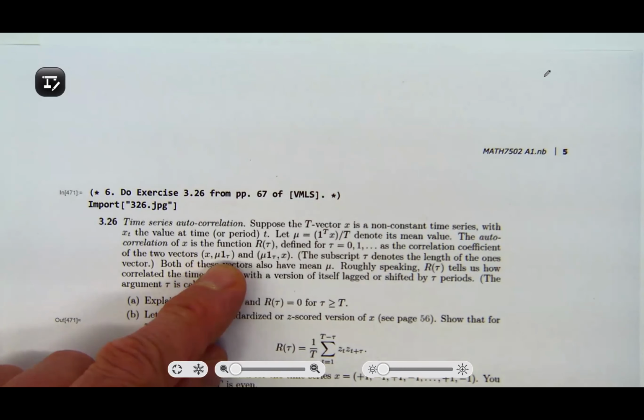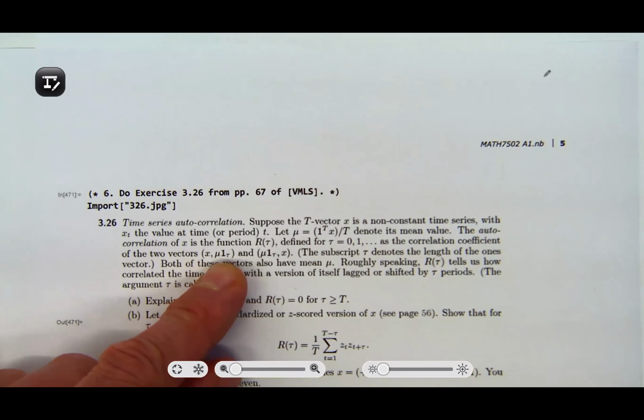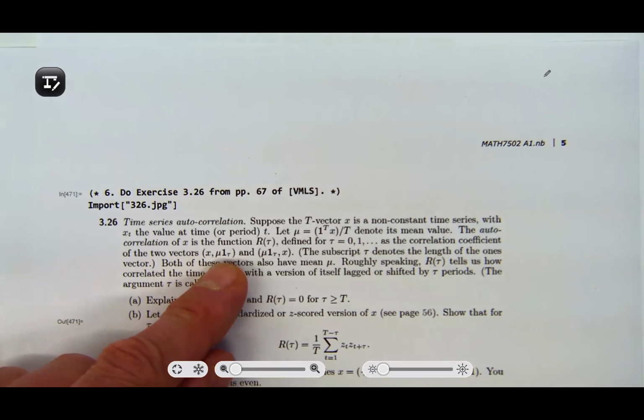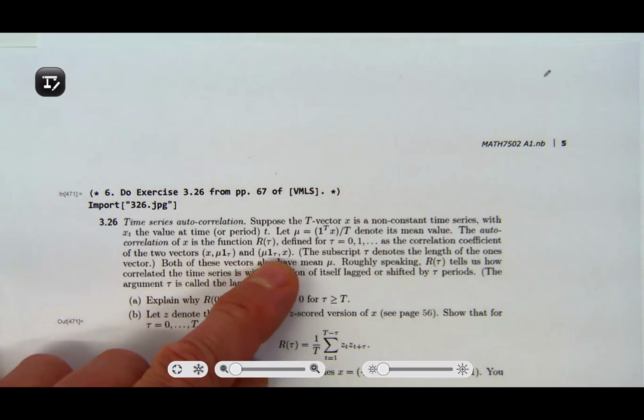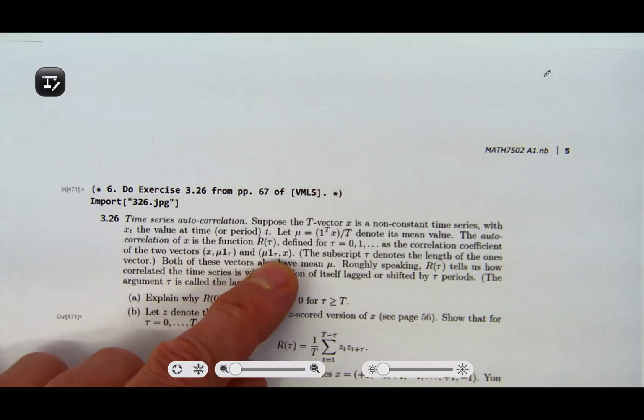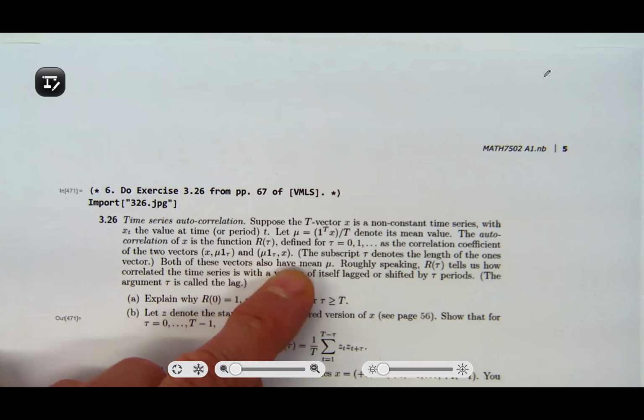In other words, you just join the two vectors to make a new column vector of length T plus tau. Does that make sense? And in this one, it's the same operation, but where mu times 1 subscript tau is in the front. So it starts with several mu's, and then it ends up with the entries of x.